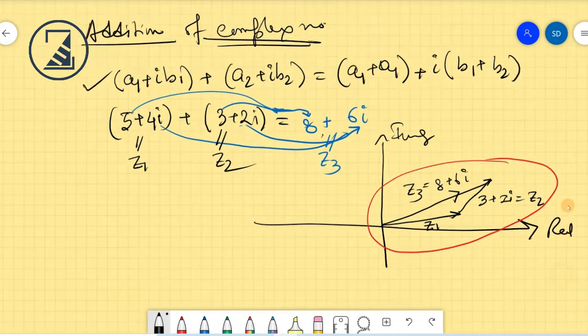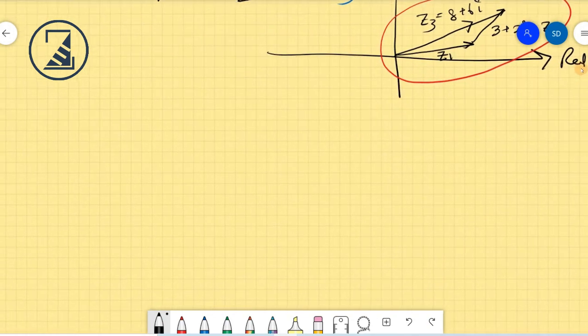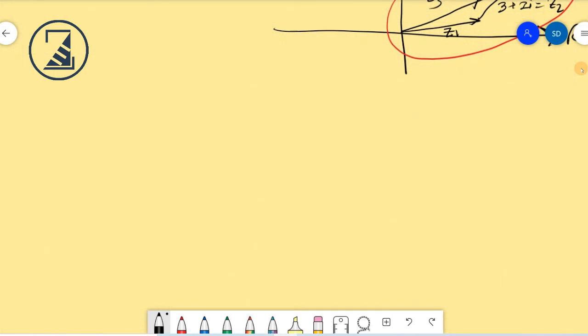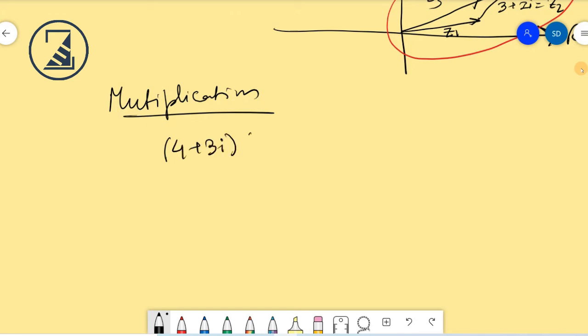Now let's come to complex multiplication. So I want to multiply two complex numbers, say 4 plus 3i and 1 plus 2i. Well, this is also pretty easy. I will multiply term by term.